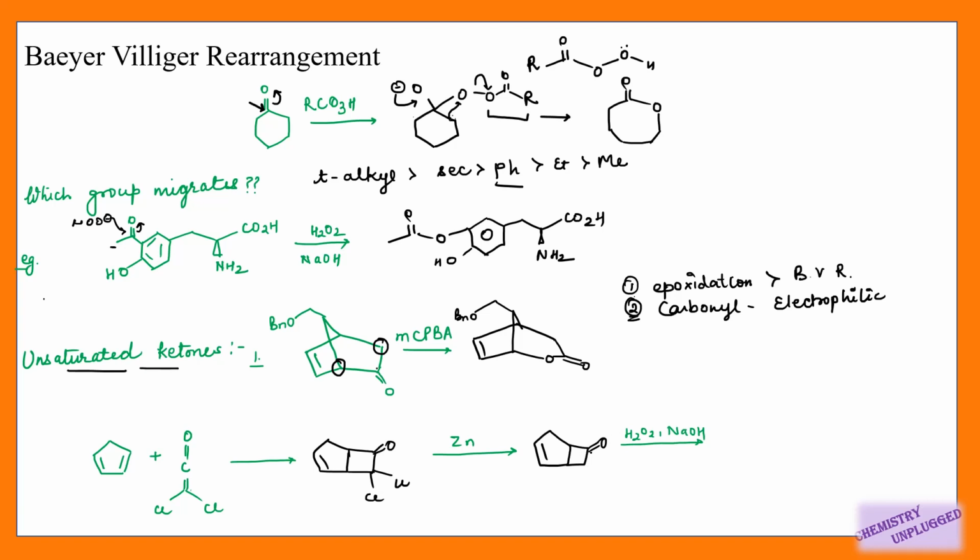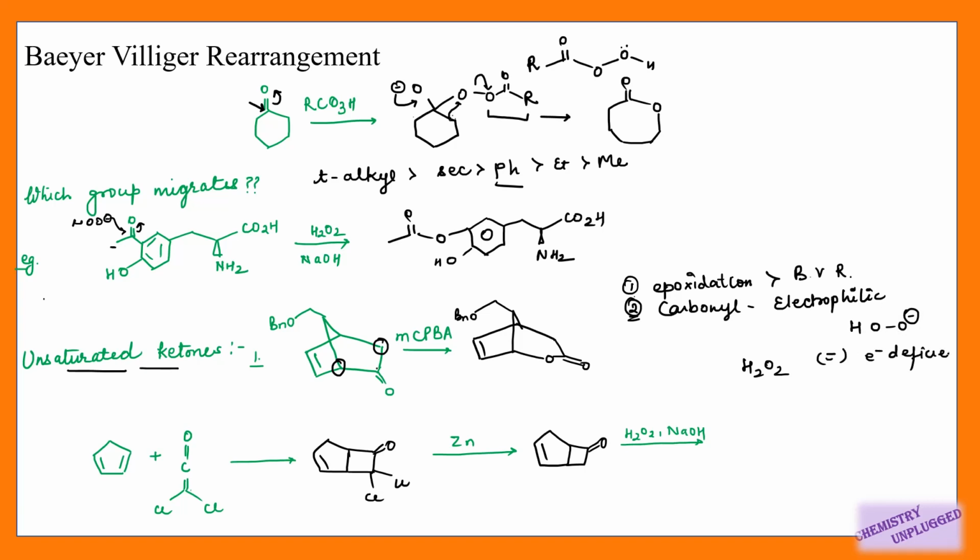Secondly, we have an alkene here also, which is reactive in nature. So if we use any other per acid like MCPBA, then epoxidation can also be possible. But H2O2 preferentially epoxidizes only those double bonds which are electron deficient, because H2O2 is electron rich in nature due to formation of this one, so it preferentially attacks double bonds which are electron deficient.